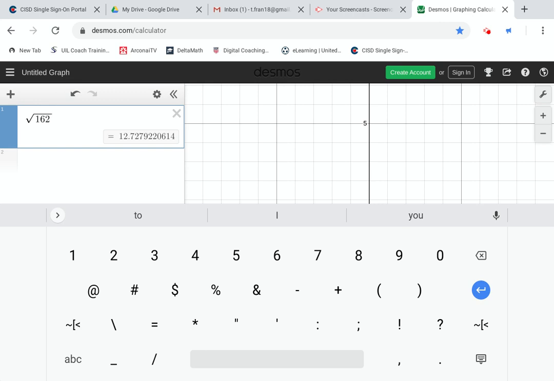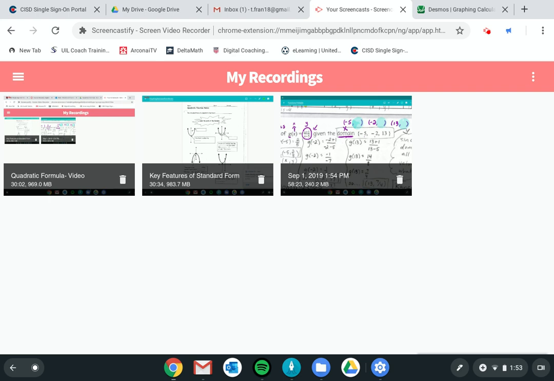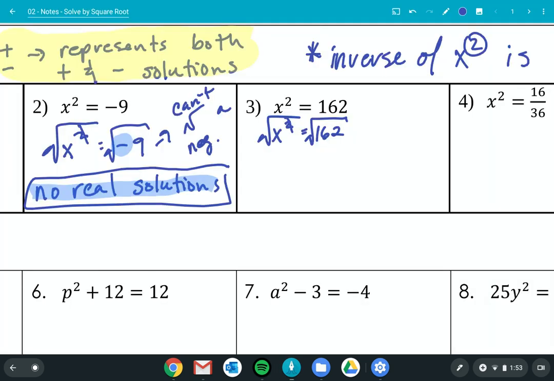It comes out gross. So I don't want to write my answer as a decimal when solving by square roots. I want to leave it as a simplified value. But now what we've got to think about is, can I simplify this square root? We've talked about this around November, December time. I'm going to write 162 off to the side, and we want to factor it and find two numbers that multiply into 162.